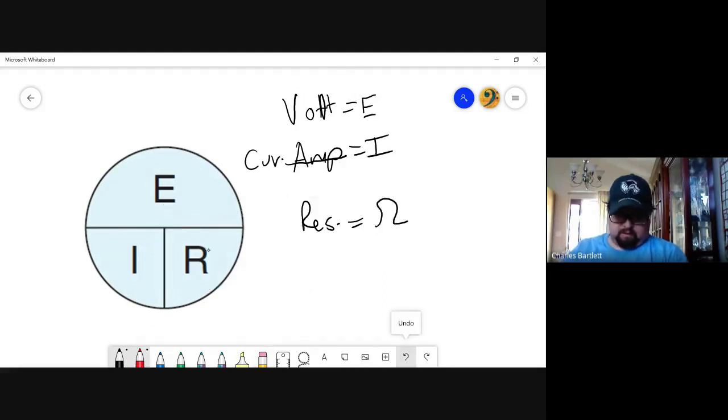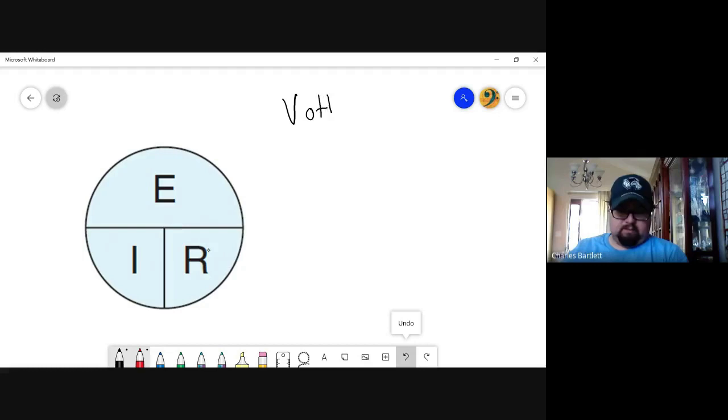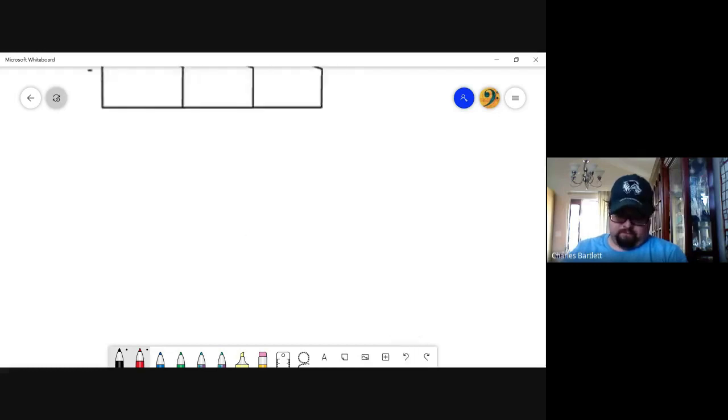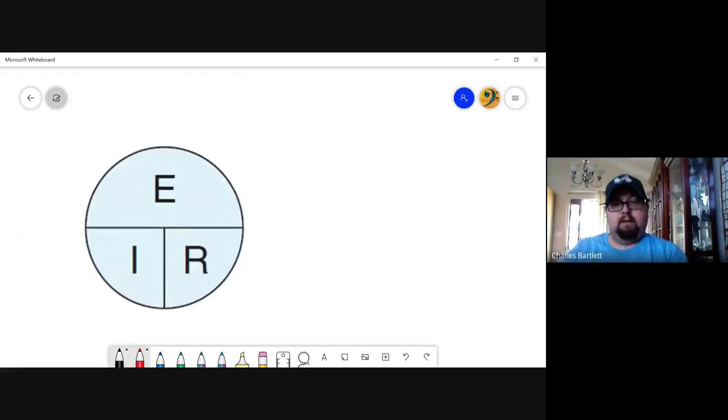Now, the next thing I want to show you is how the chart actually works, because it represents math. If you use your imagination, with a divide symbol there and a times symbol there, we get these three equations.